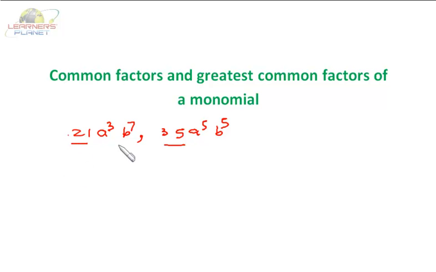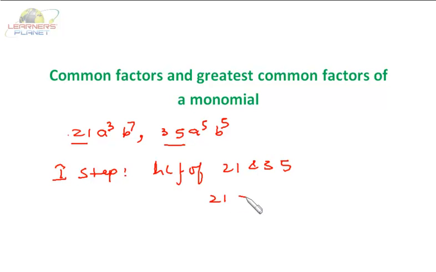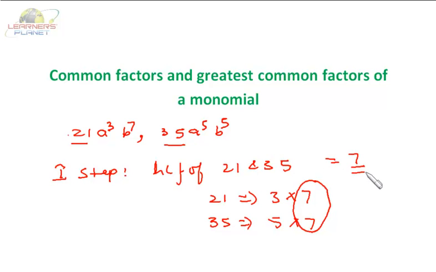So what is the HCF of 21 and 35? The factors of 21 is 3 into 7 and 35 is 5 into 7. So the highest number which is common between the two is 7. So HCF of 21 and 35 is 7.